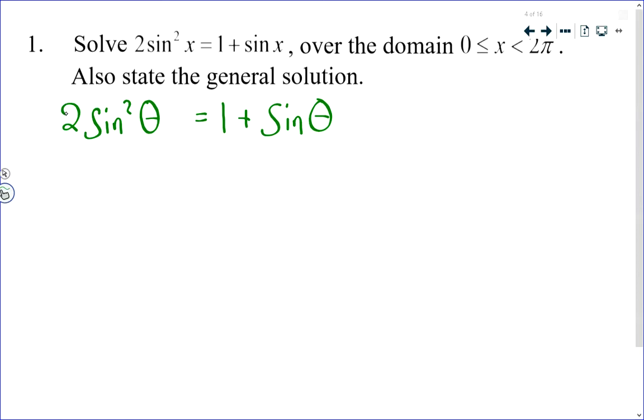I will explain briefly why this is what I want us to do. There's nothing wrong with using x in the equation, but we're going to be referring to the unit circle. And in this equation, we have sine of an angle. And sine of an angle on the unit circle is the y coordinate. So in order for you to find a rotation angle in this question, you're going to be looking at the y coordinate.